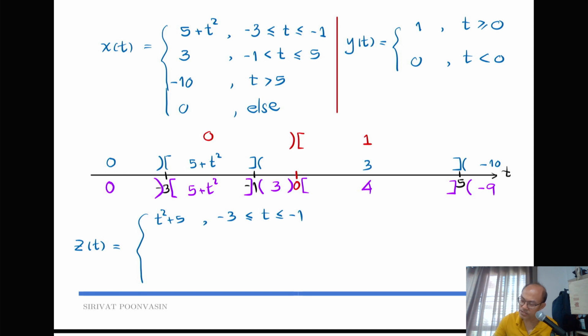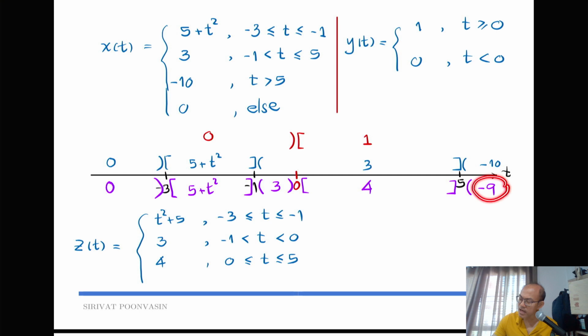Now the second interval would be this one: z is 3 when time goes from greater than -1 to less than 0. And z is 4 when time starts from 0 ending at 5, so 0 less than or equal to t less than or equal to 5.